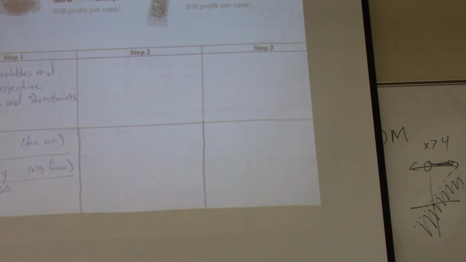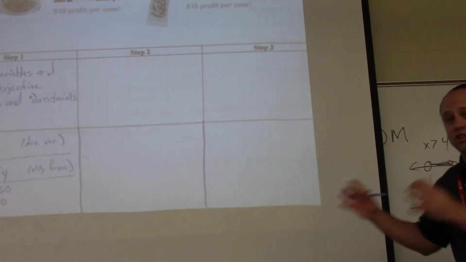Similarly, there might be something about how much each part costs. Maybe it costs $1 per chair plus $4 per table, and I only have $30 to spend. I'm totally just coming up with that off the top of my head, but I want to show you what the constraints look like.